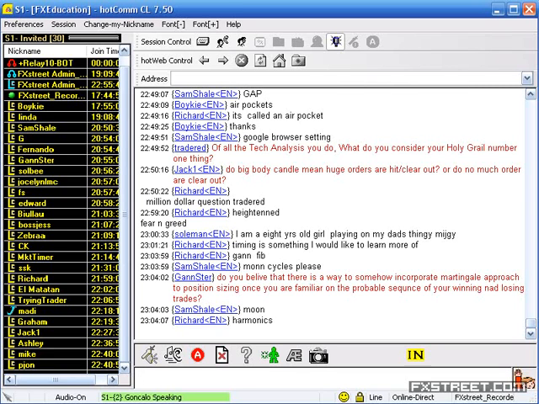And there are CTAs working with a martingale approach as well.